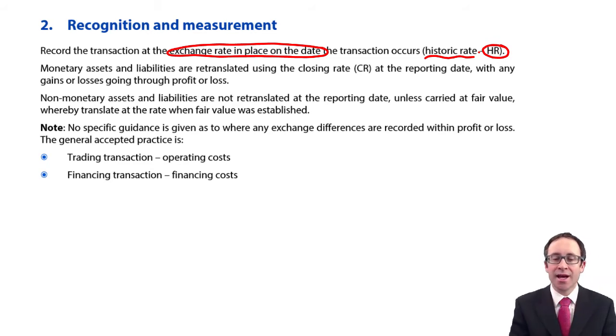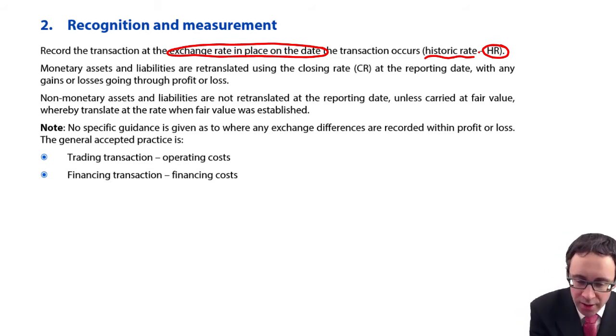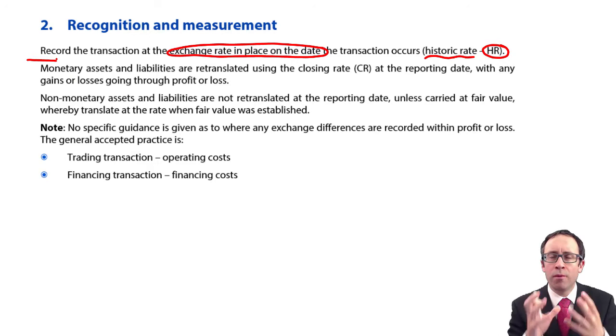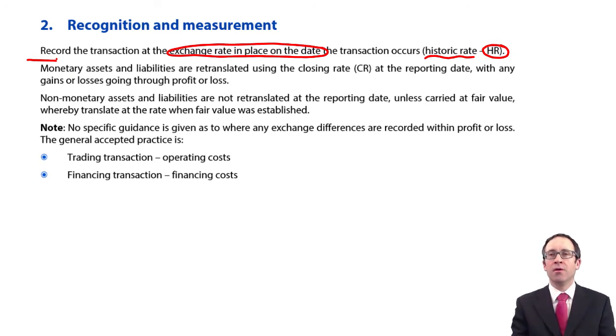It gets challenging as you then move on, because that's looking at everything when a transaction happens, what then happens subsequently. Okay. Well, what you need to do is look at what happens at the reporting date. So at the reporting date, you need to identify all your assets and all your liabilities that are in a different currency to the functional currency.